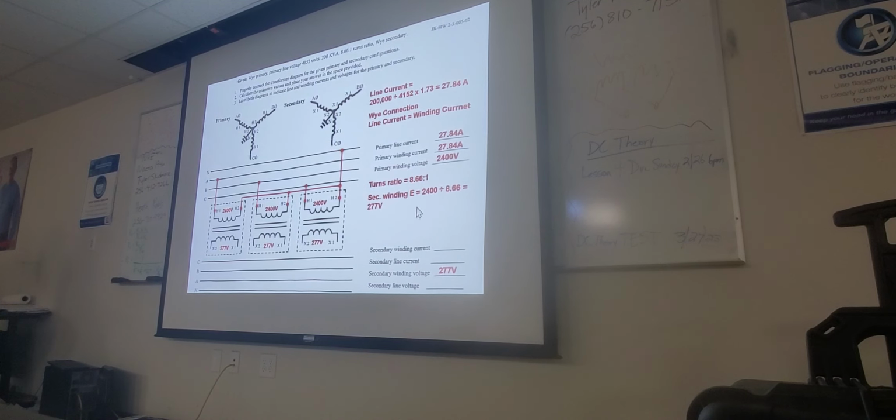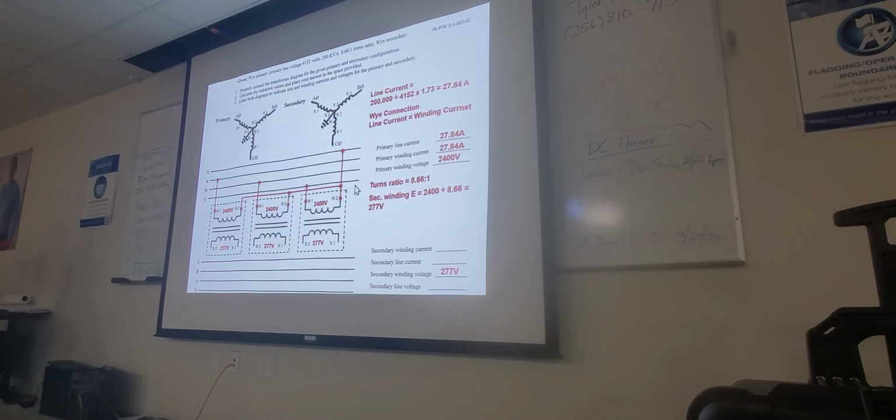Our secondary winding voltage is going to be our 2400, which was our primary winding, divided by our turns ratio of 8.66 to 1. It's going to give us a secondary winding voltage of 277.